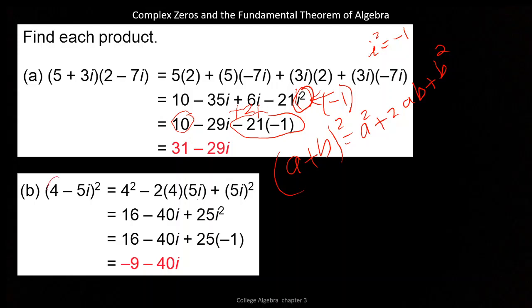Right? You can think of this as a, think of this as b. So it would be minus 2ab plus b squared. Again, what do we do with that? That's -1. So this right here would be -25. Now 16 minus 25 is -9. So the answer is -9 minus 40i.